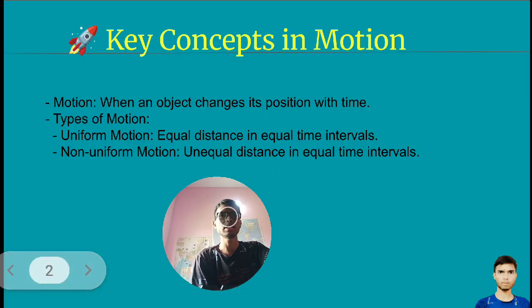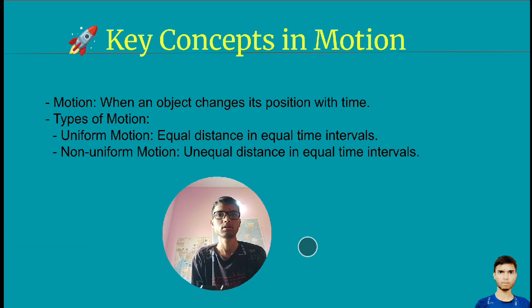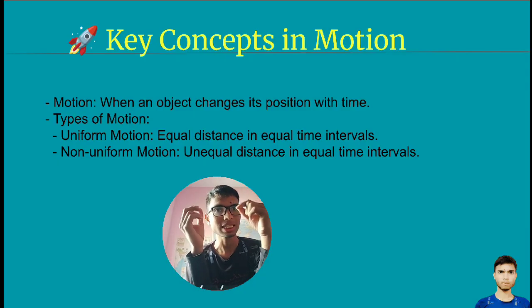Key concepts in motion. Now, let's start from scratch, from the meaning of rest and motion. An object is in motion, or an object is at rest. What are you thinking about it? I am saying that the object is at rest.